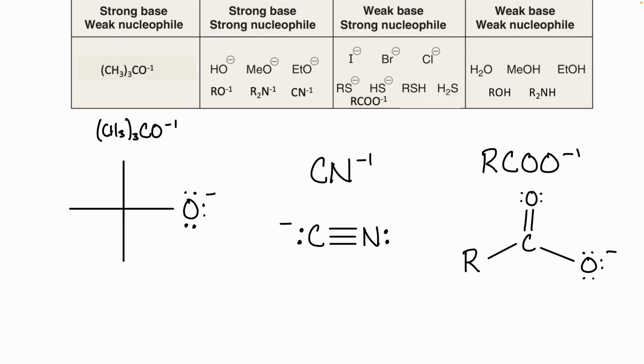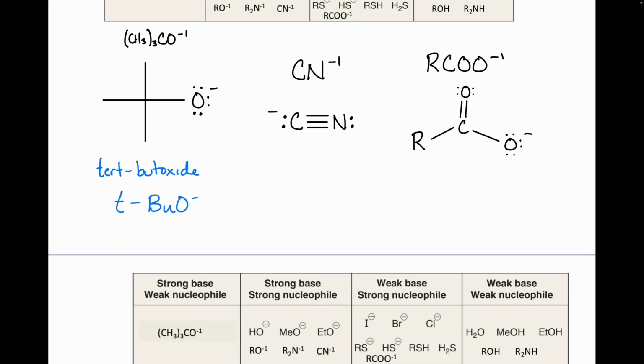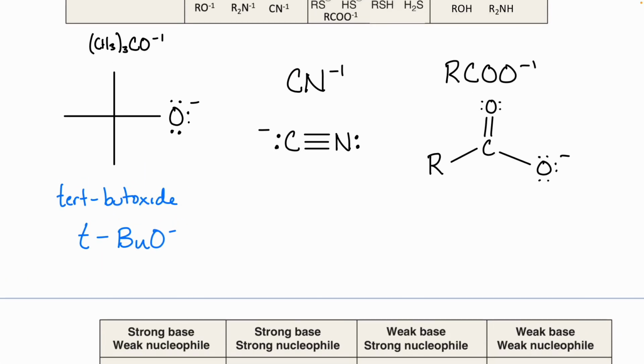I'll just sort of note here, the name of this molecule is tert-butoxide. And so some textbooks will write this as TBUO-. I don't find that to be particularly helpful. Doesn't really tell you what the structure is, but you will see that many places for that particular molecule.